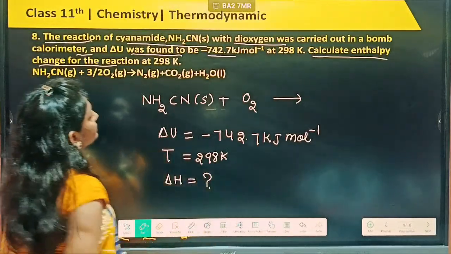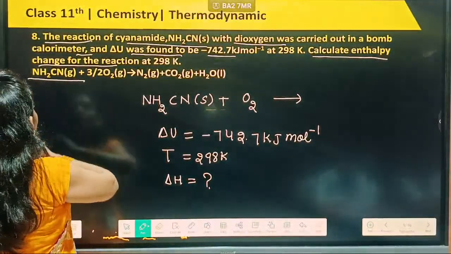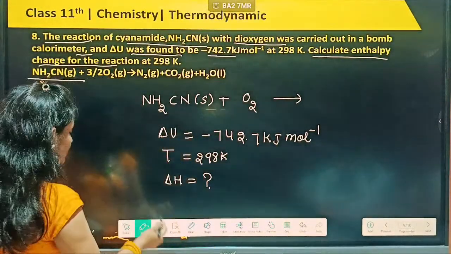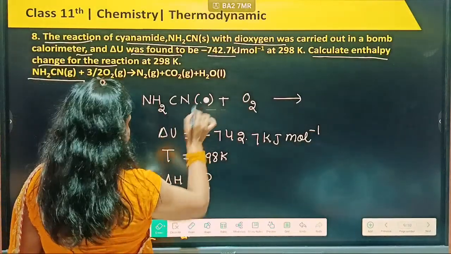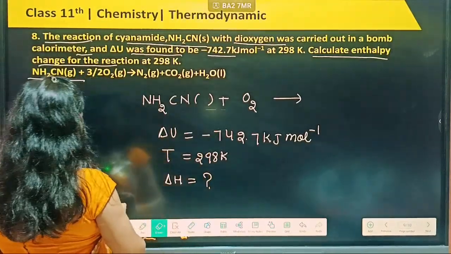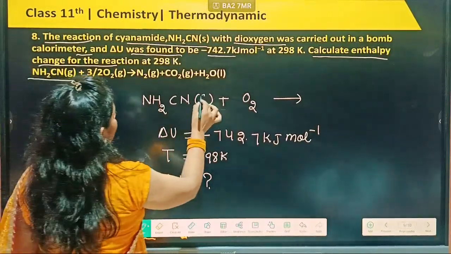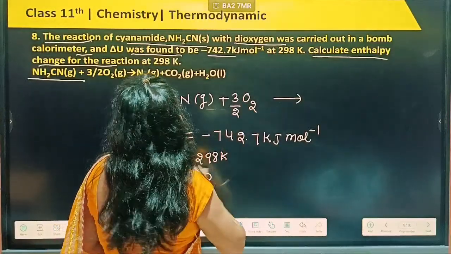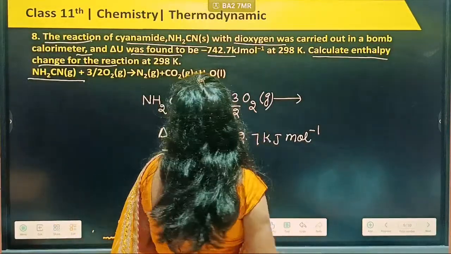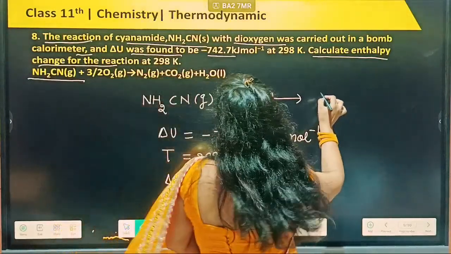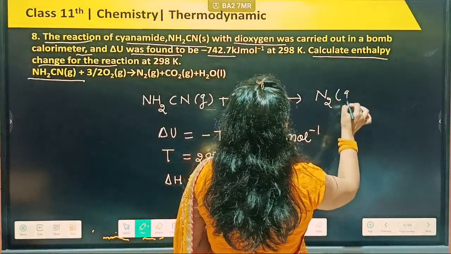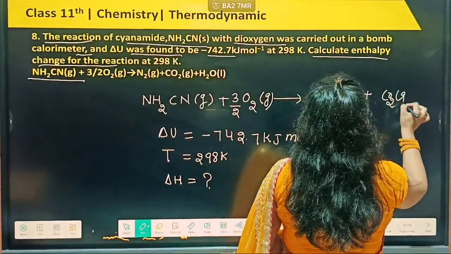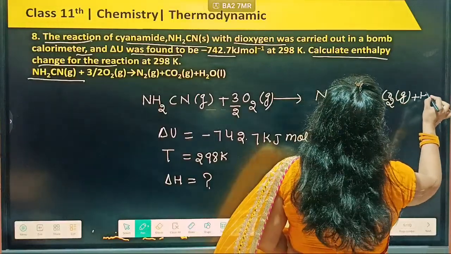Means del H. Here the reaction is NH2CN in gaseous form, it is in gaseous form, but not in solid form. In gaseous form, it reacts with oxygen. It is producing nitrogen gas plus CO2 plus H2O.